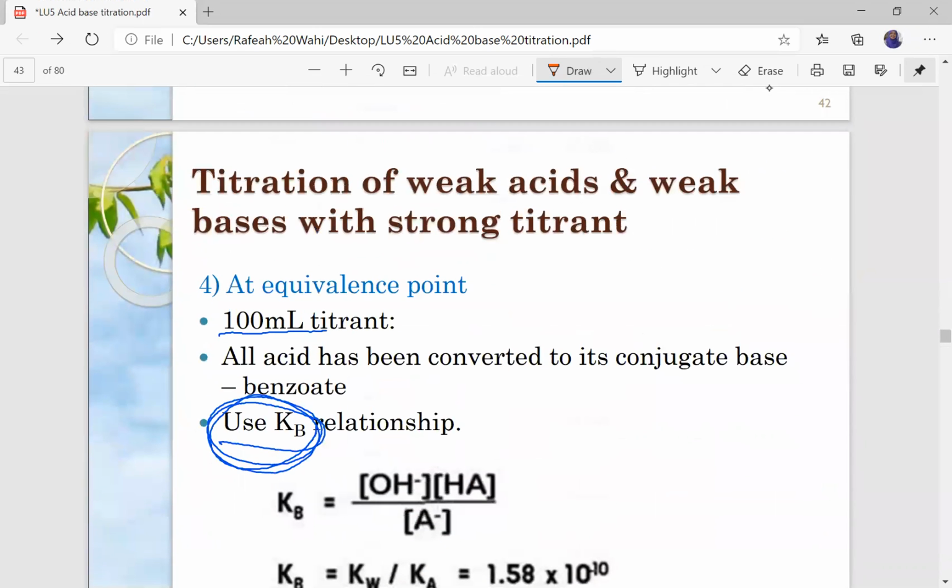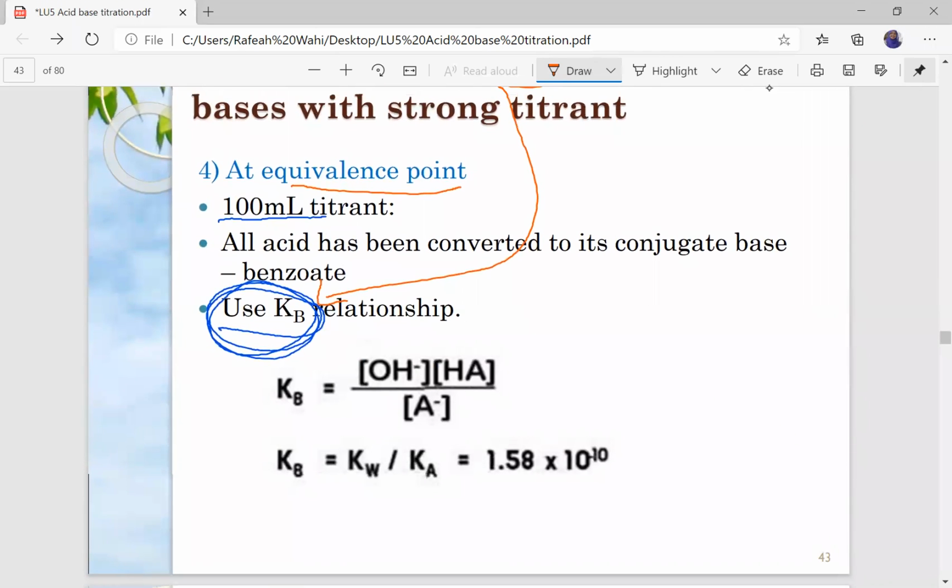Okay. So if you start with a weak acid, you should use the Kb relationship at equivalence point. This is to calculate Kb. Kb equals Kw divided by Ka.